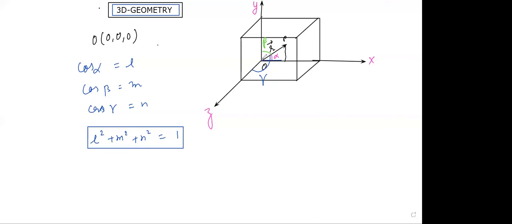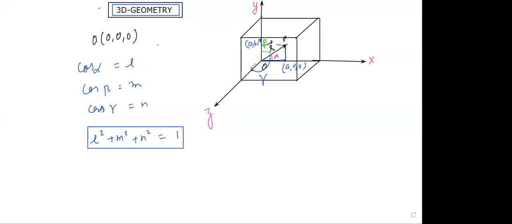The direction ratios, suppose we take this point, perpendicular drawn from P to the x-axis, then the coordinate of it will be a comma 0 comma 0. This is a, and here let's say 0 b 0, and here if we draw perpendicular to z-axis, it's difficult to draw perpendicular to z-axis on plain paper.